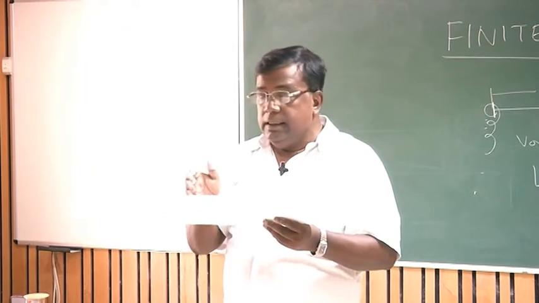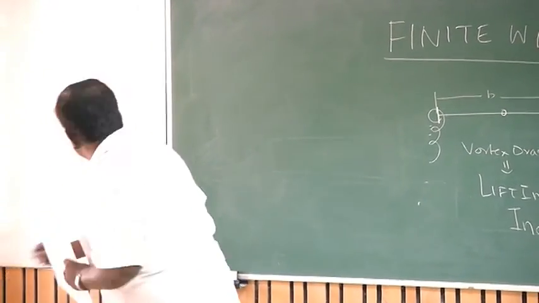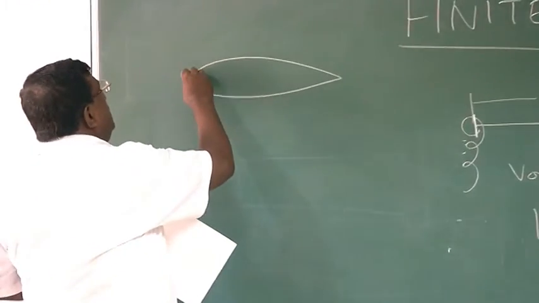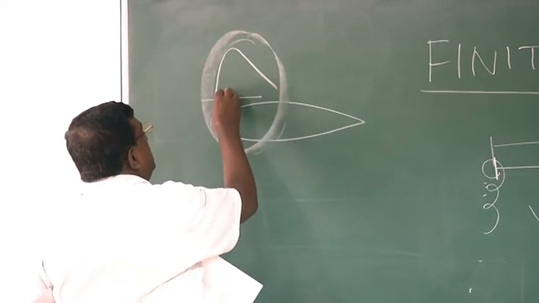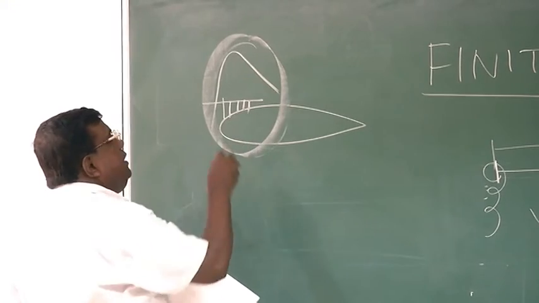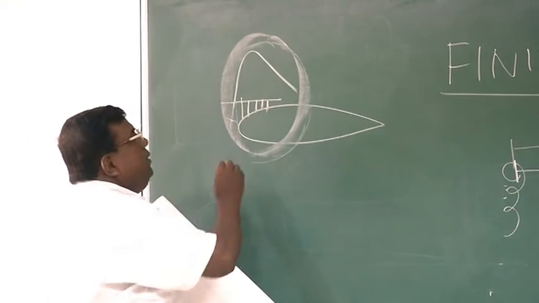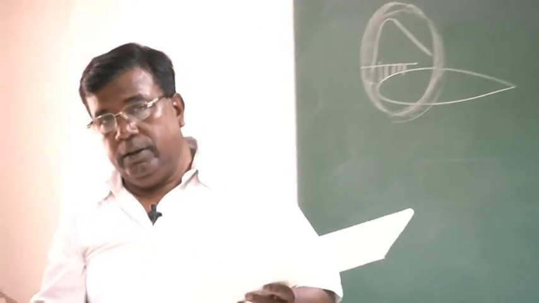How I understand is, see, remember one thing: the whole lift distribution which comes because of aerofoil, this is the region here where I explained to you the flow accelerates and there's a drop in the pressure. Mostly this portion is responsible for generating the lift in a dominant way.